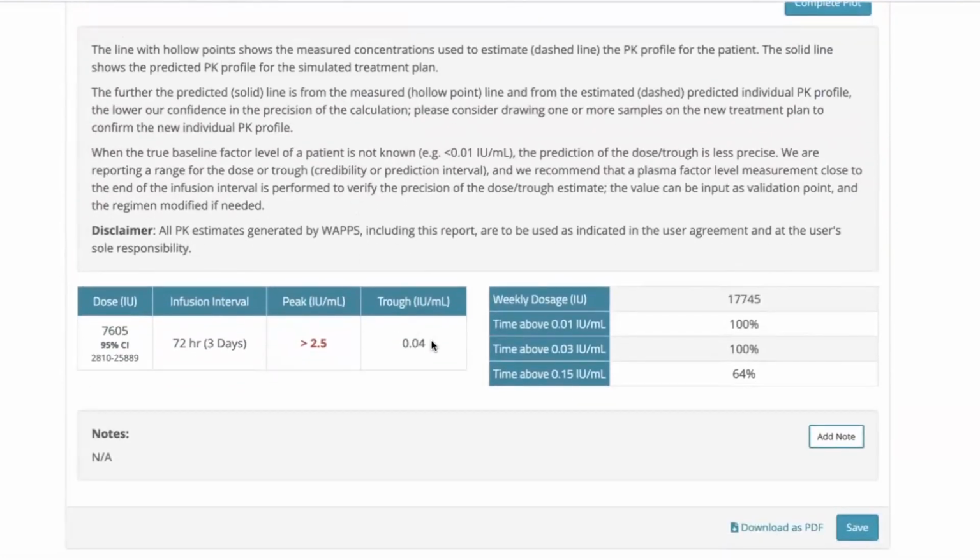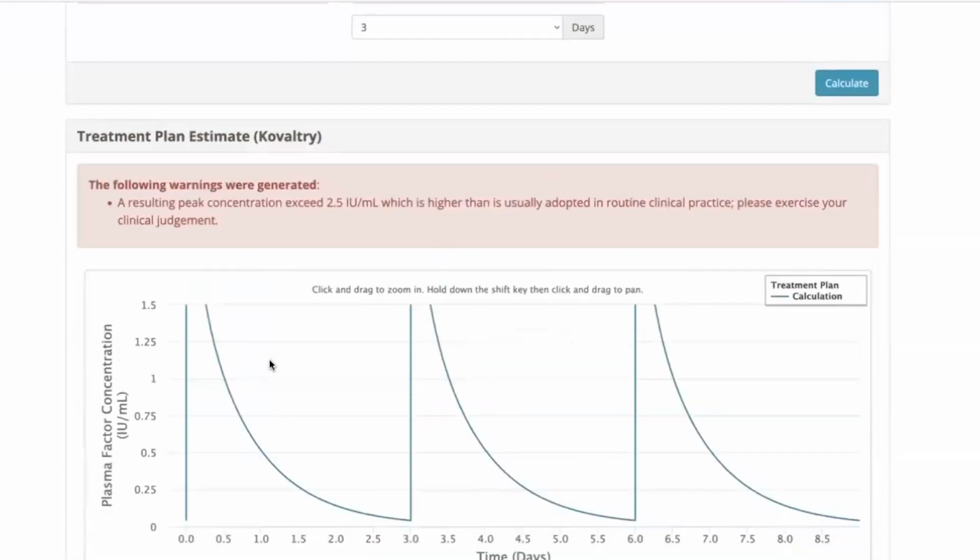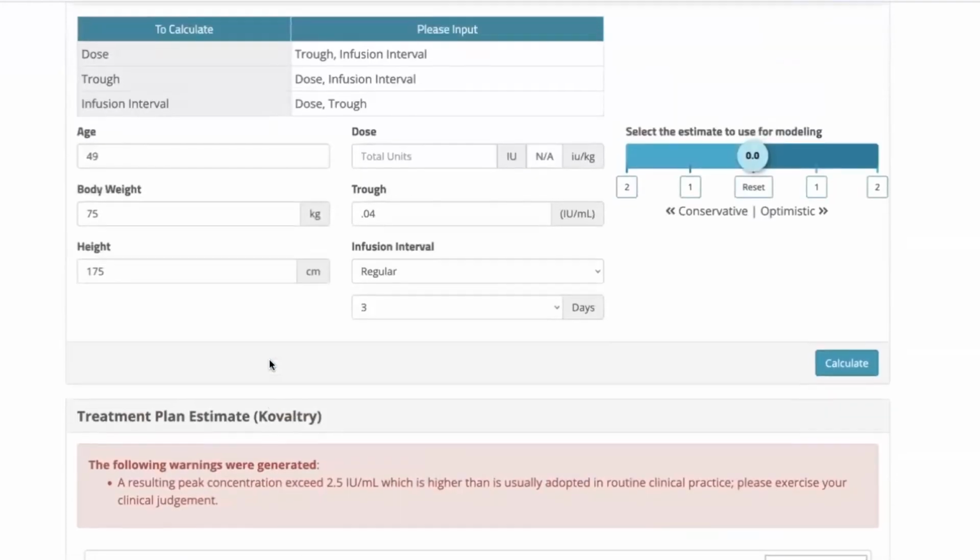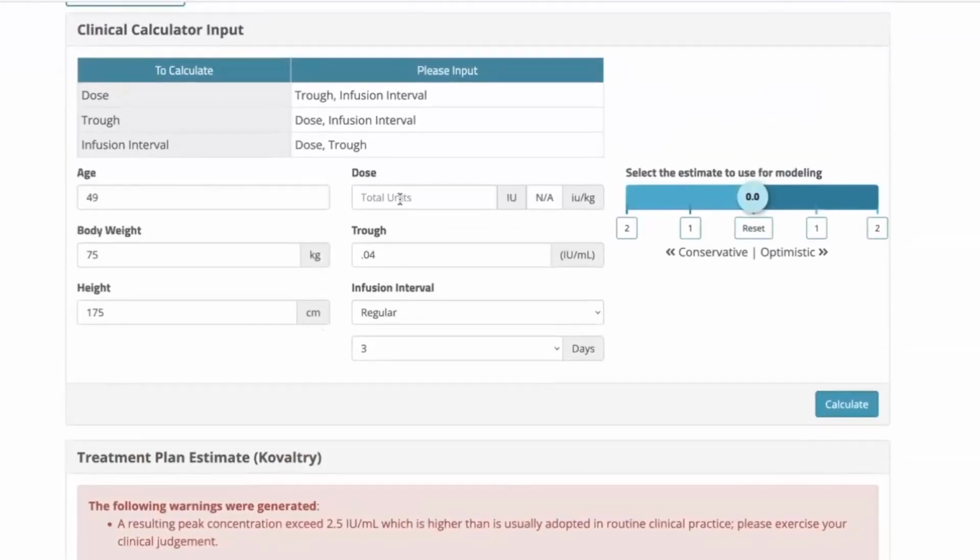To get 0.4, treating every 3 days with Covaltry, you would need to give 7,500 units, which is a lot and gives a very high peak. Of course, this would be 18,000 units a week, would give full protection, but this is not feasible. So the answer to the patient is no. With your PK, I can't give you any reasonable dose every 3 days.